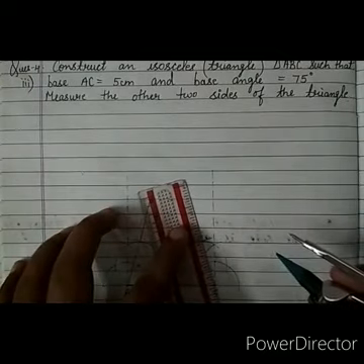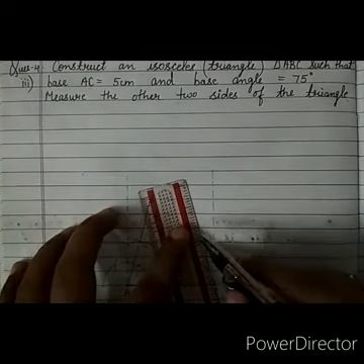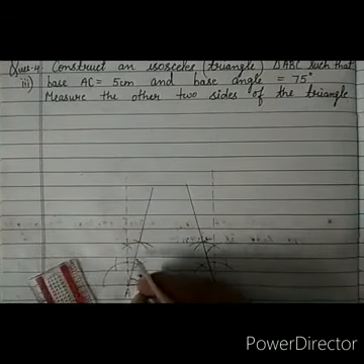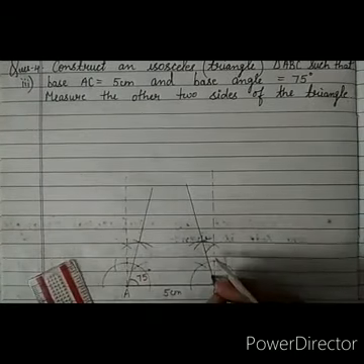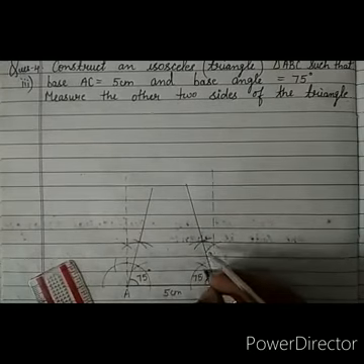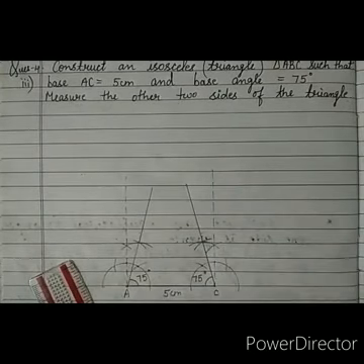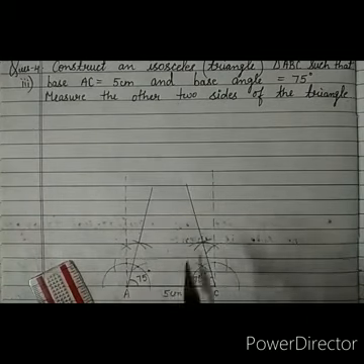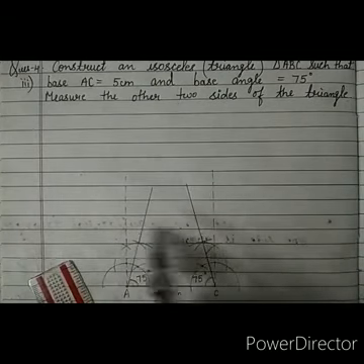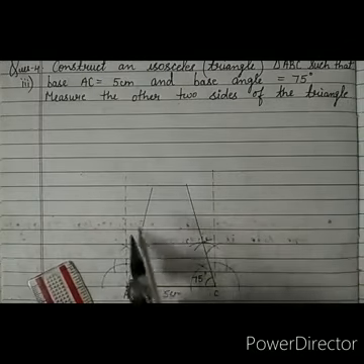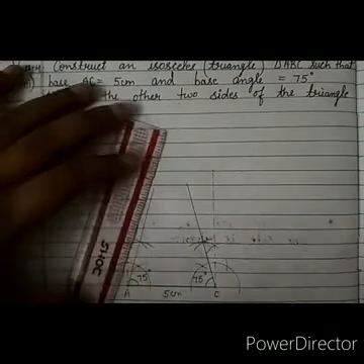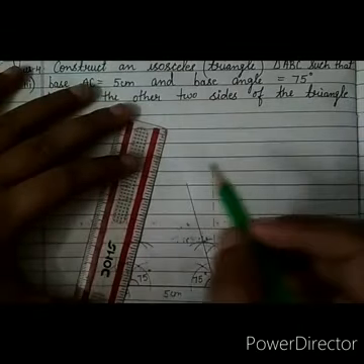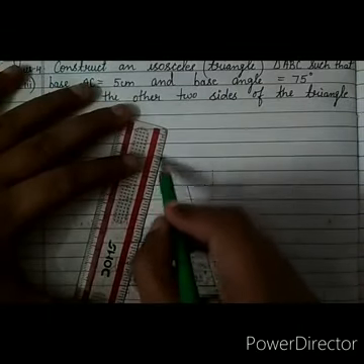Here also we have to join this point of intersection to point C. So these two angles are of 75 degree each. Now in order to get the third vertex of this triangle, we have to produce the arms of 75 degree. These two arms we have to produce until they meet each other.